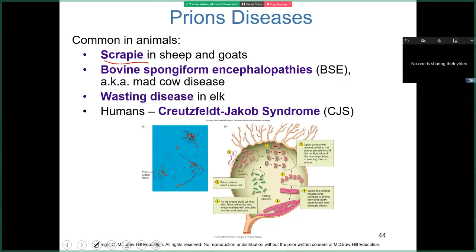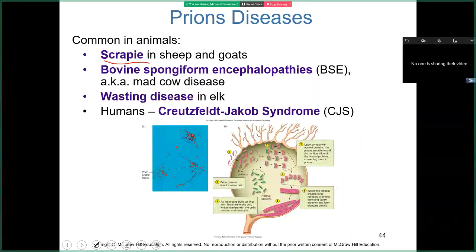Shepherds would notice occasionally that their animals would develop unusual behaviors. They would drool. They would ultimately just lose the ability to maintain balance, and they'd fall over and die. So that was referred to as scrapie, and it continues to exist in those animals.